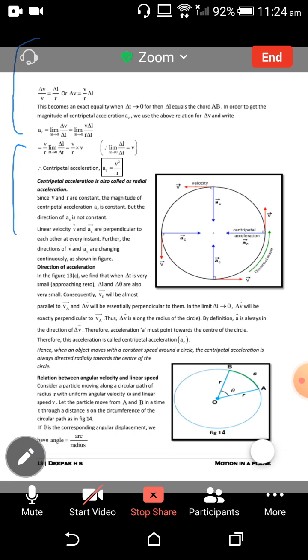This becomes an exact equality when delta T extends to 0, for the delta L equals the chord AB.